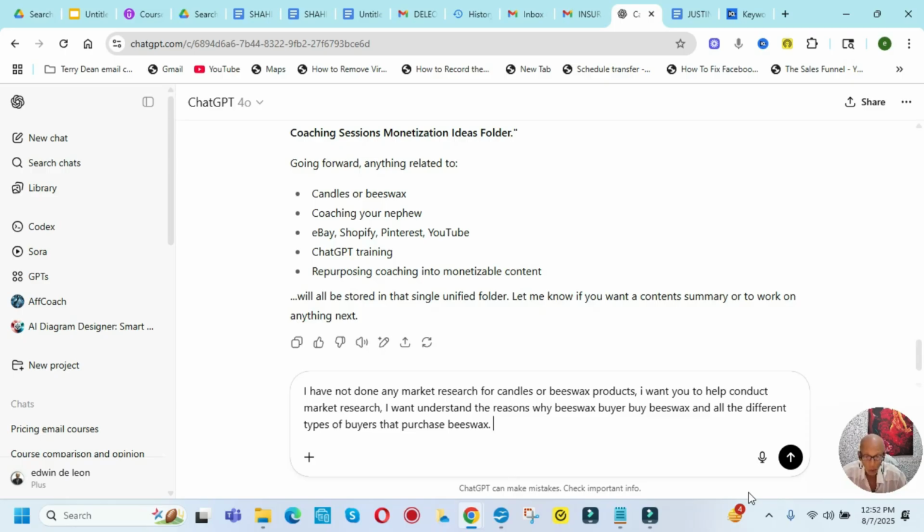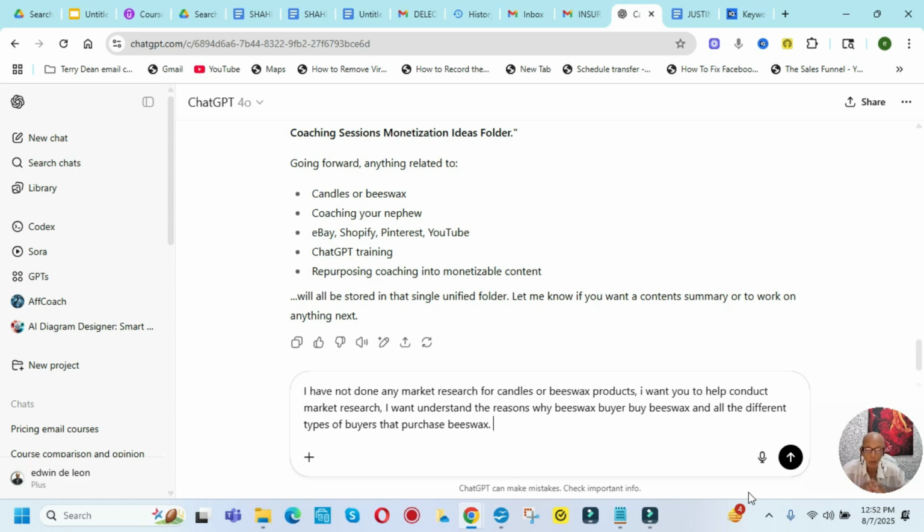That's a huge advantage to you if you identify those buyers that are purchasing beeswax-related products because of some known current problem that they have, and beeswax is the solution to that particular problem. So they're searching based on a problem they have, and they want a solution to that problem using beeswax.